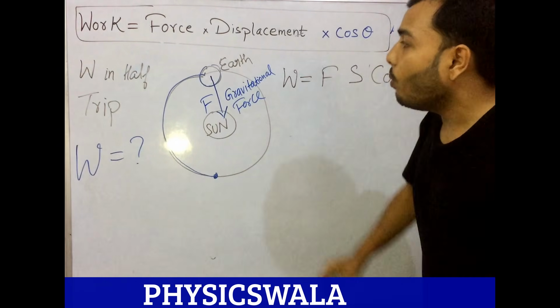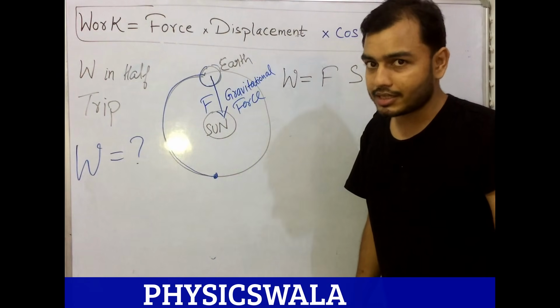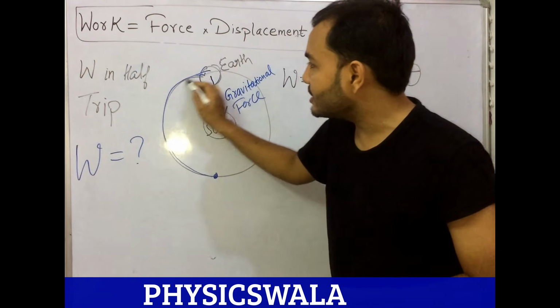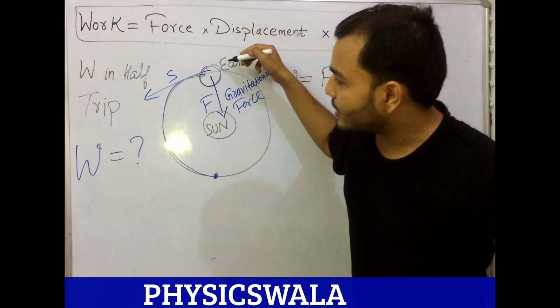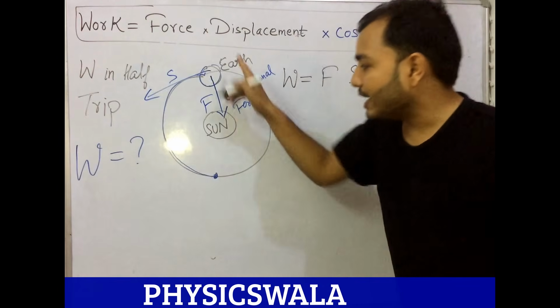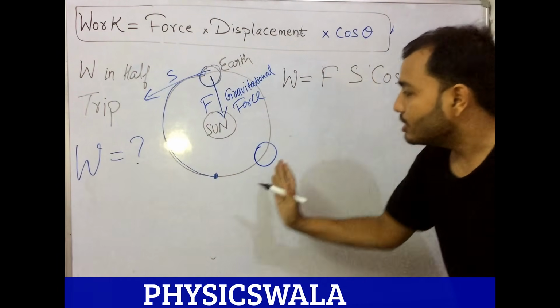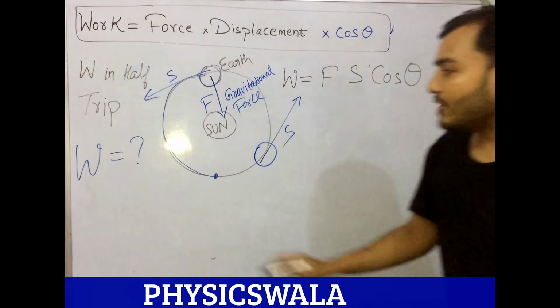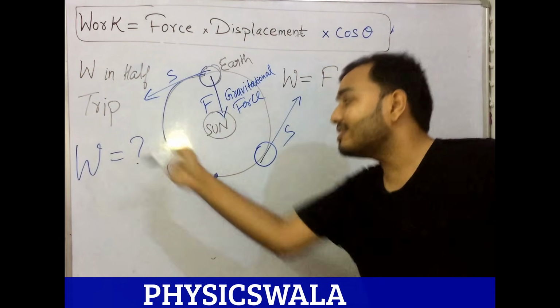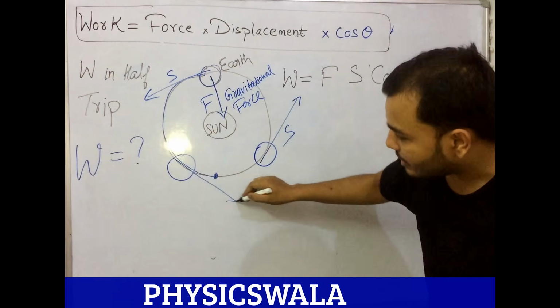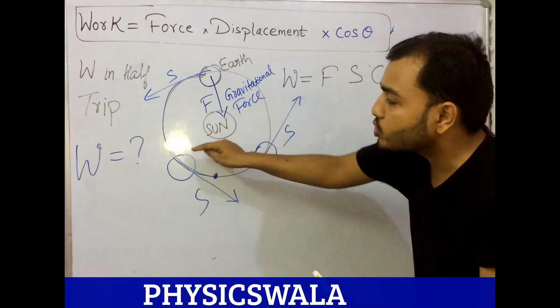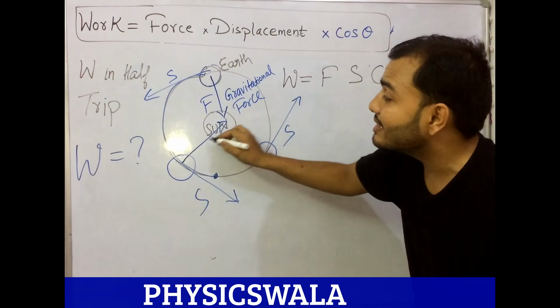Now I ask you, what is the direction of displacement? It depends. Over here the direction of displacement is like this. If I talk about this position, Earth is going like this, so this is the displacement. And what is the direction of force over here? Towards the Sun.